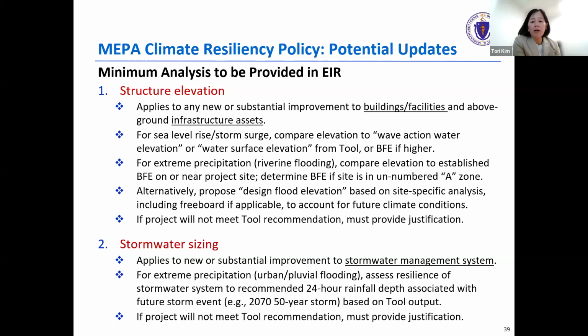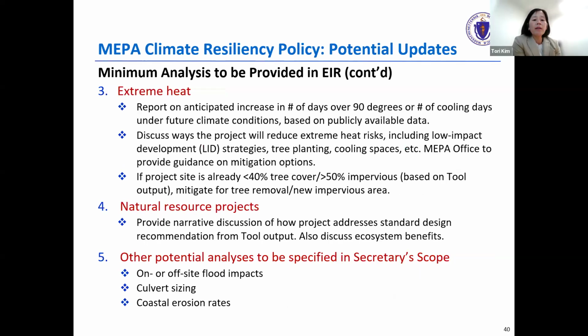And if you've done a basic stormwater assessment to assess the resiliency of that system, it should be fairly straightforward to compare it against the value provided by the tool. And then again, if the project will not meet that recommendation, provide a justification.